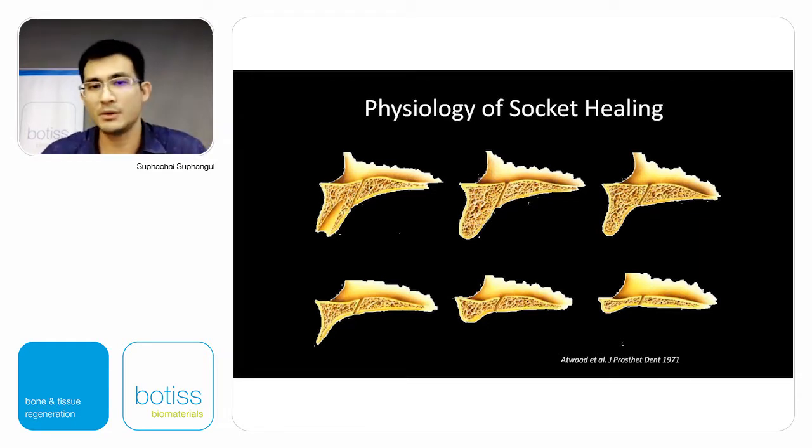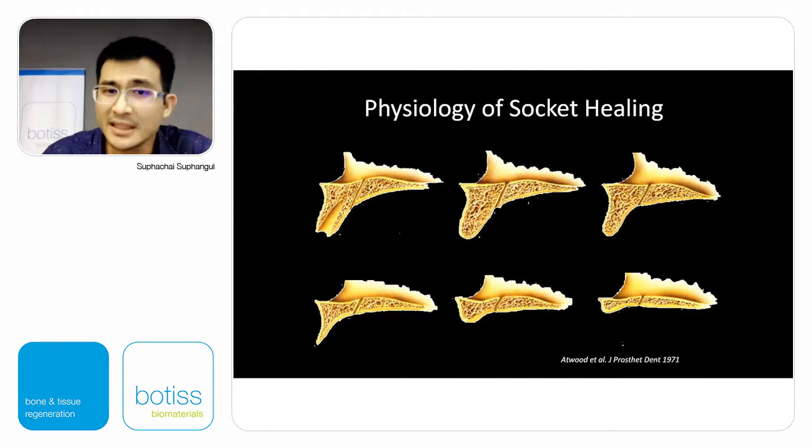But if we don't do anything, over time we will lose horizontal dimension more and more until the ridge has a knife edge. After the knife edge period, there will be severe vertical bone loss, and the bone will be lost down to the basilar part of the bone.